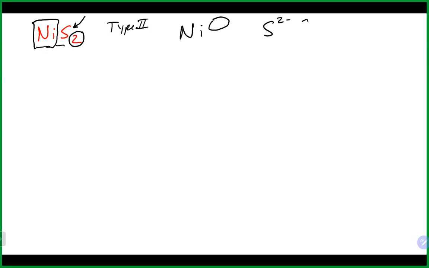That means we would have 2 of those -2s, so the overall negative charge on the sulfurs altogether is -4, right? And that's really important because, to balance out the charge, the nickel would have to have what type of charge? +4 to balance it out.